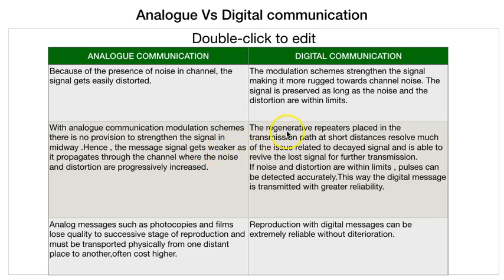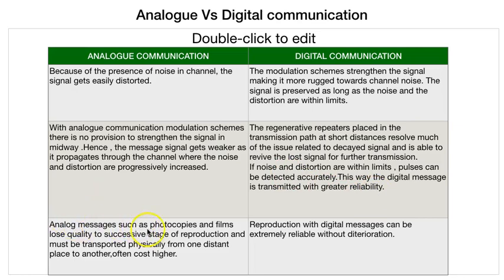However, a regenerative repeater is like a modulator attached with a demodulator. In that scenario, it will modulate only the signal that syncs with the oscillator's frequency and demodulate every other frequency, thus giving greater reliability.